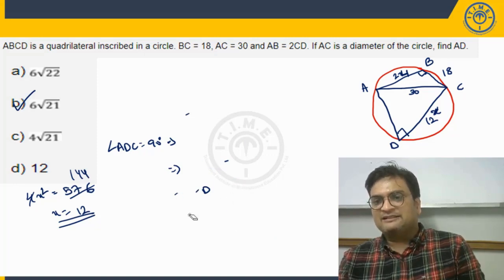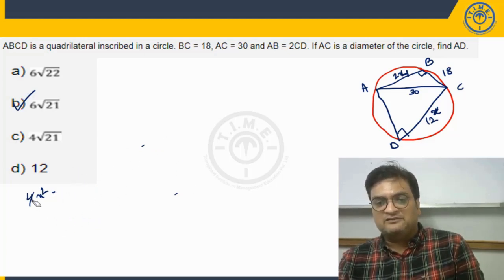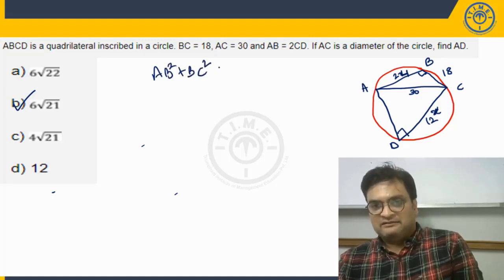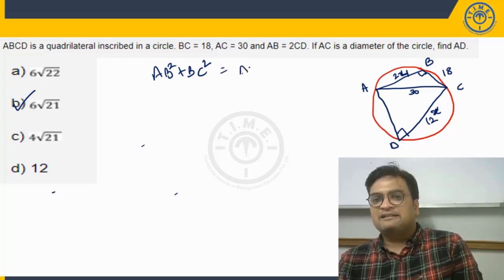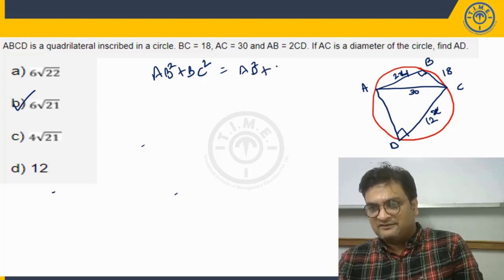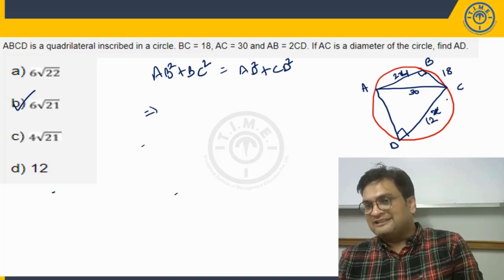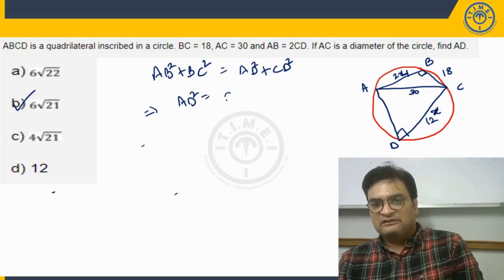We already said that in triangle ABC, AC square is AB square plus BC square. Again, AC square in the second triangle is AD square plus CD square. So the moment I know the value of x by using the Pythagoras theorem in the first, I can directly get AD square as AB square is known.